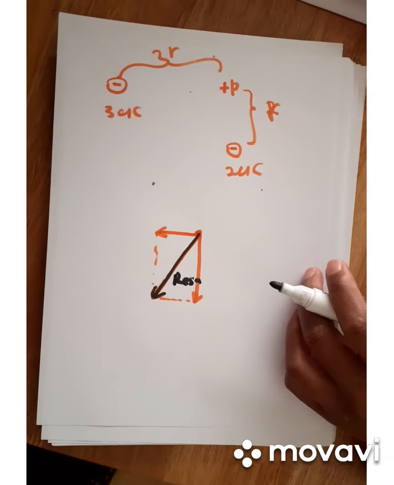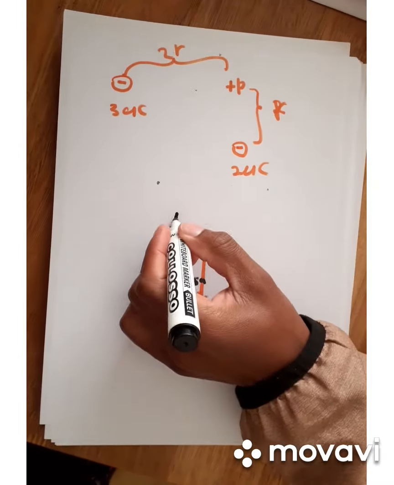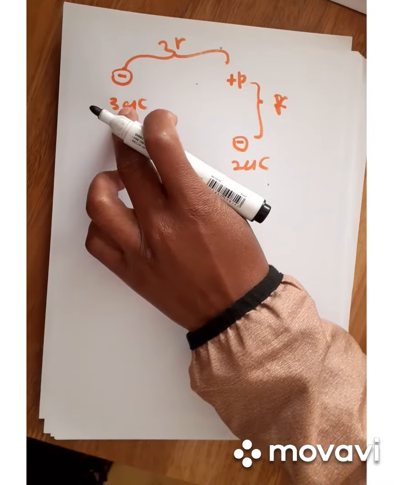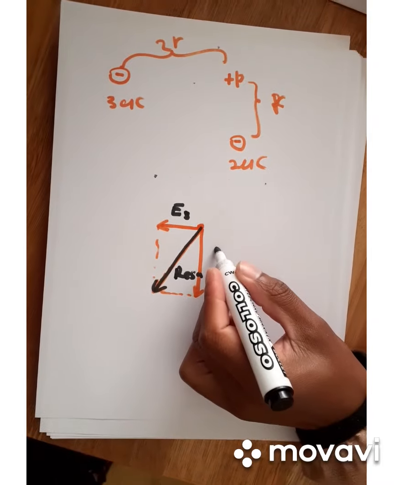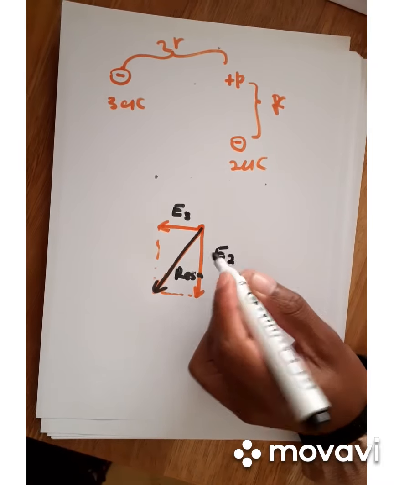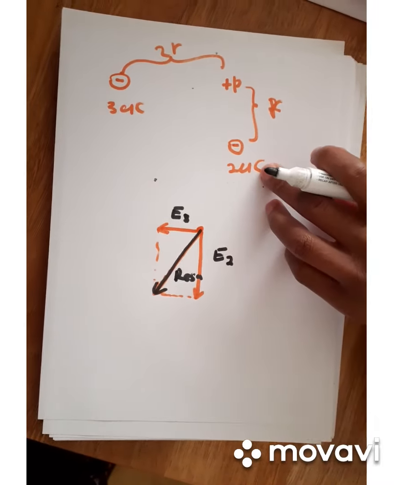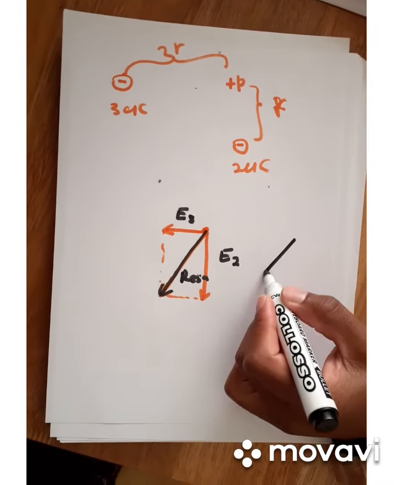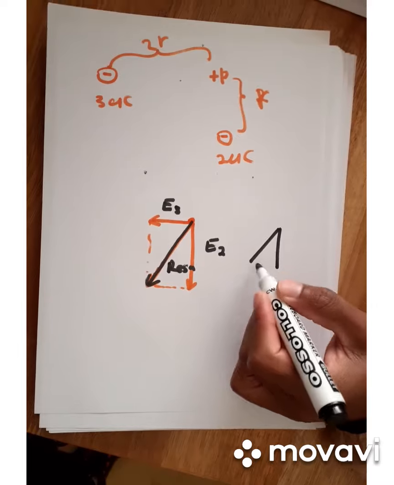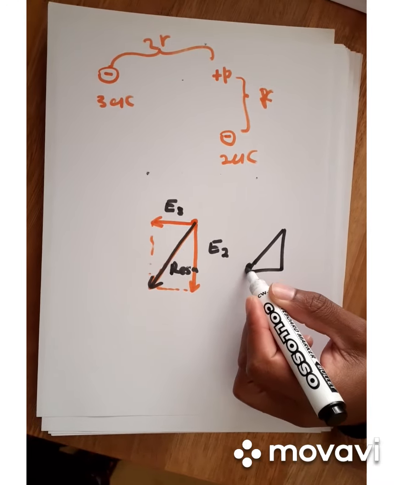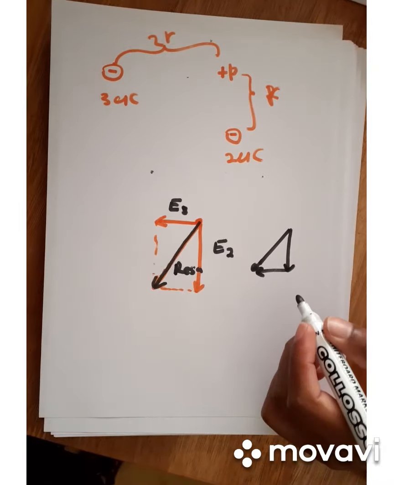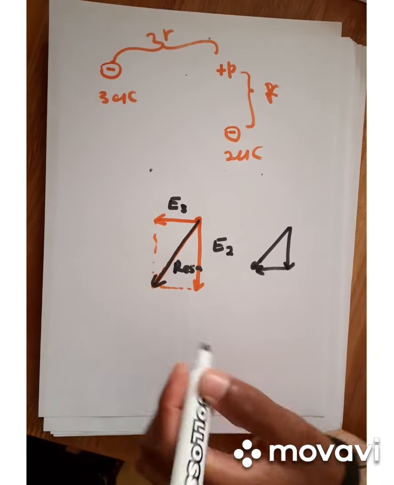So then how do you find the resultant? You first find this one. We said E3 is due to 3 microcoulomb. Then we find this one, which is E due to 2 microcoulomb. And then to find that one, automatically we complete the right-angled triangle. Then we are going to perform the theorem of Pythagoras.